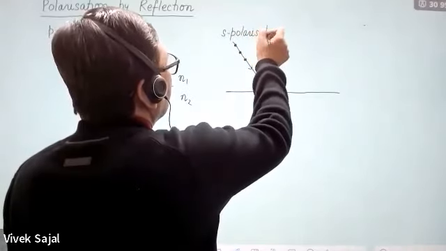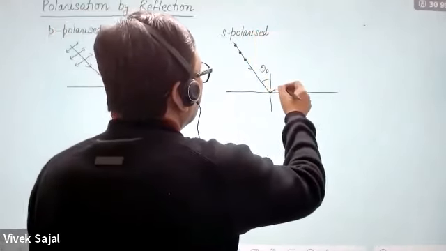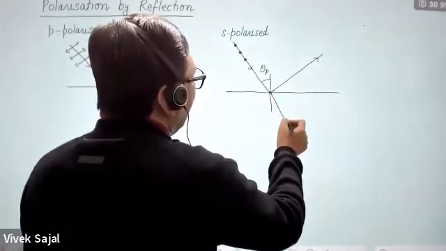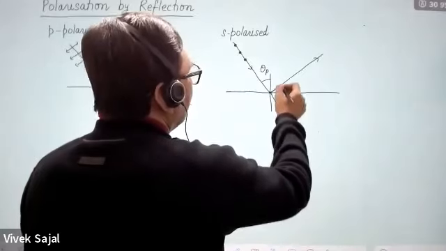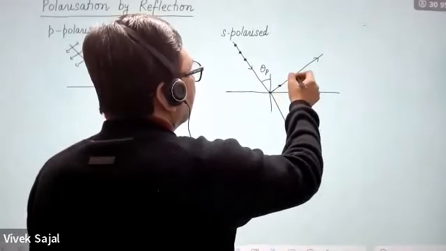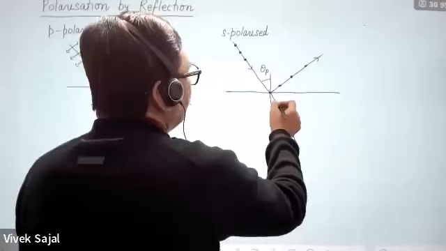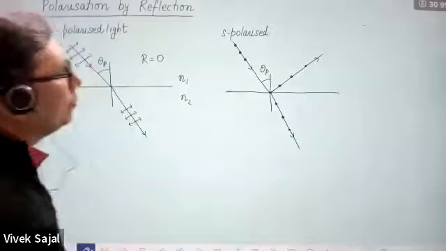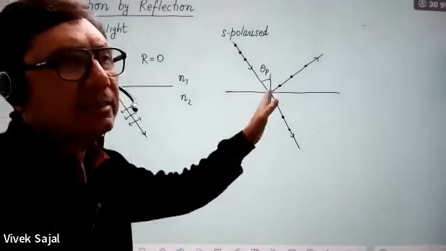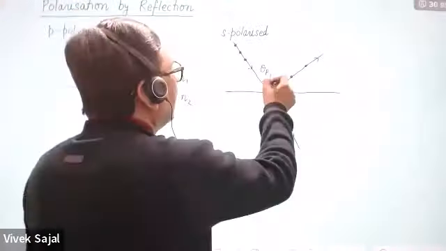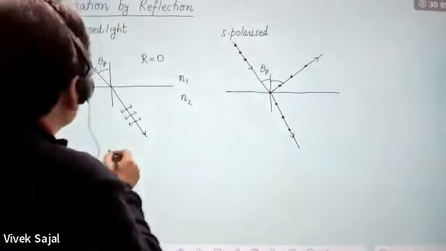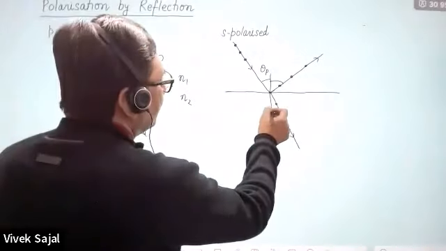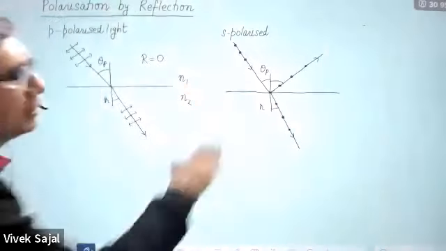Then you will find that in this case you have both reflected light as well as transmitted light. This is the reflected light, and this is the transmitted light. So in the case of S polarized light, you have both reflected as well as transmitted. Here this angle will also be theta p, and this will be the angle of refraction R. So I was discussing this.